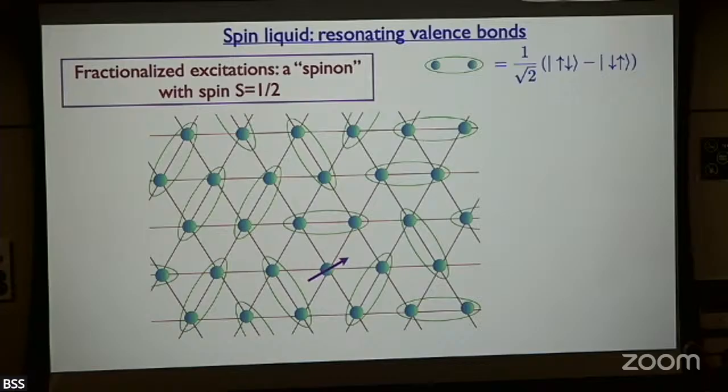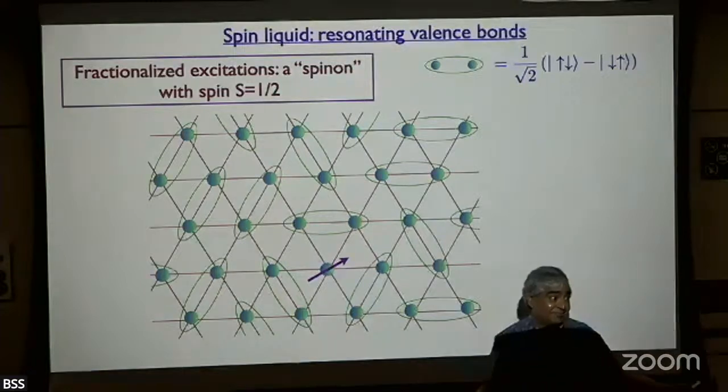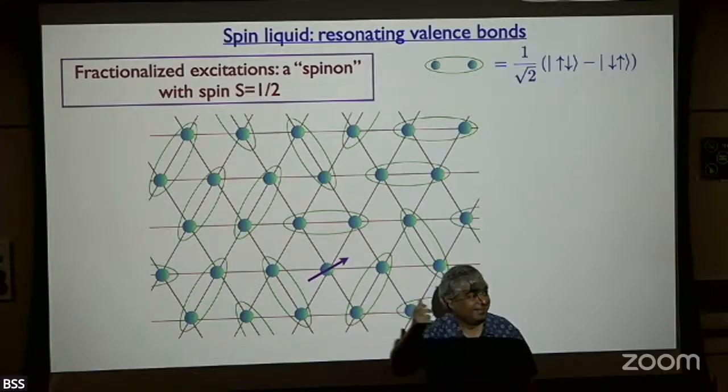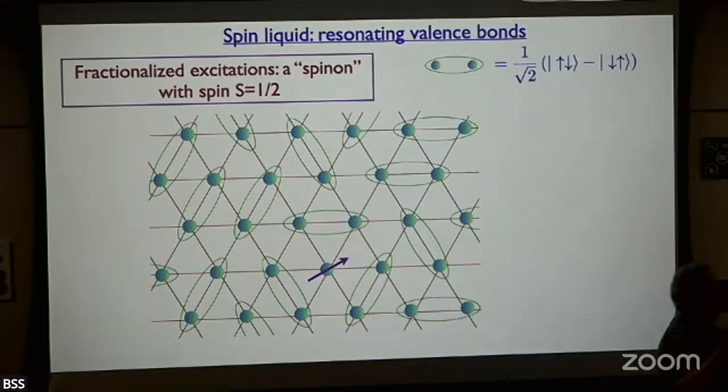So that actually gives me a chance to explain. You can also see from here the need for a gauge field. I'm going to write down an operator that creates this guy. That operator is not physical, it's not something I have access to.